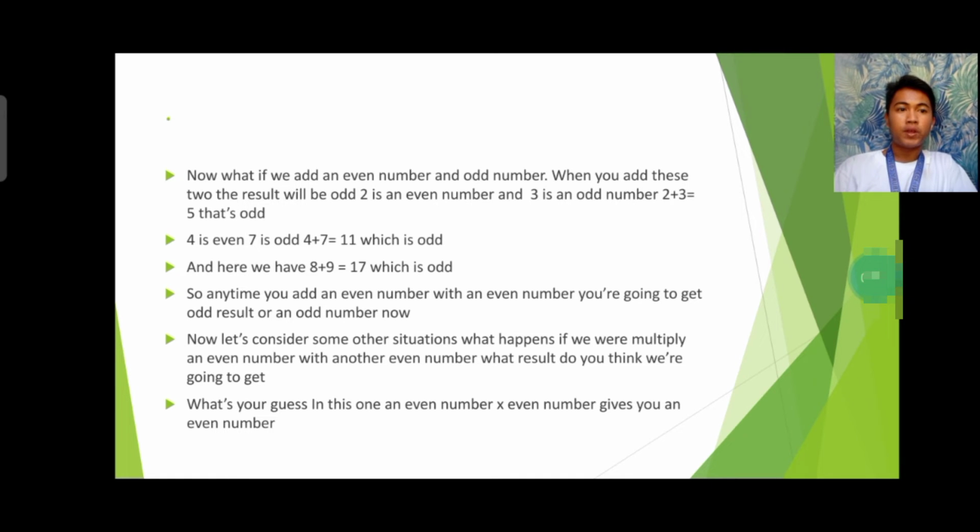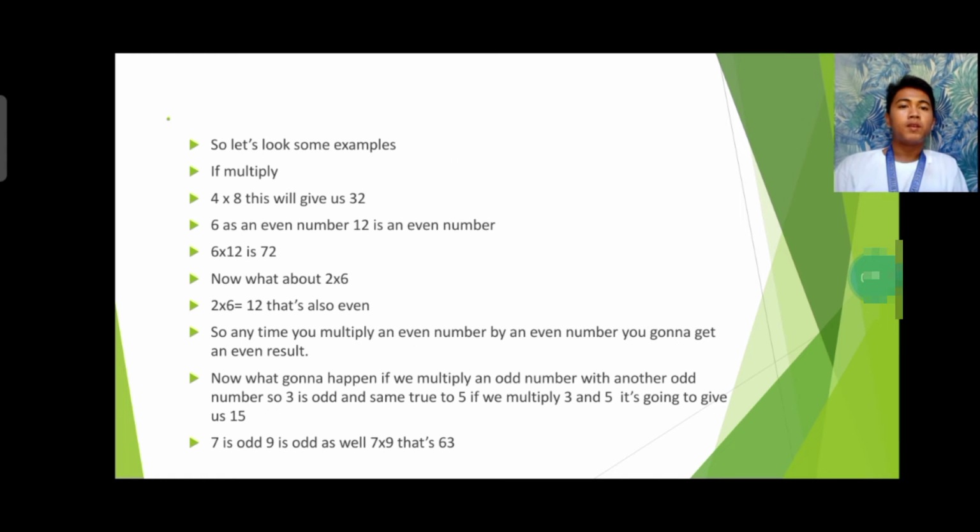Now, let's consider some other situations. What happens if we multiply an even number with another even number? What results do you think we're going to get? What's your guess in this one? An even number times an even number gives you an even number. So let's look at some examples. If we multiply 4 times 8, this will give us 32.